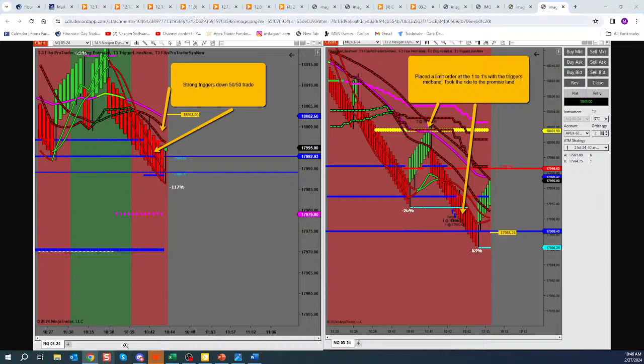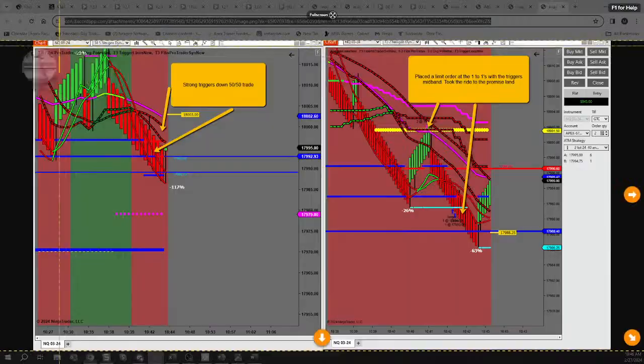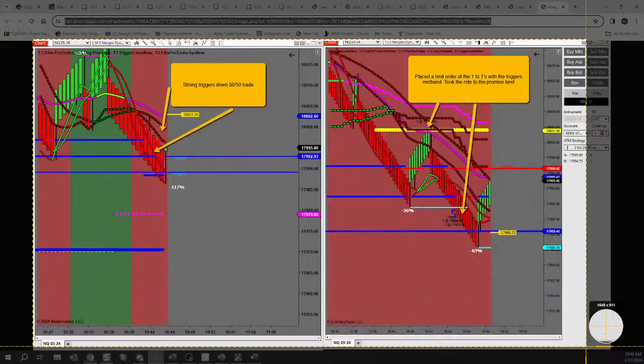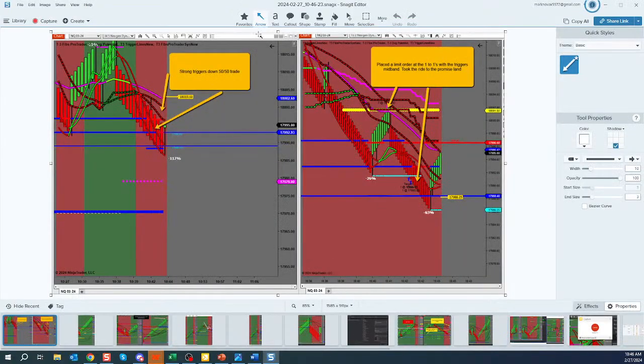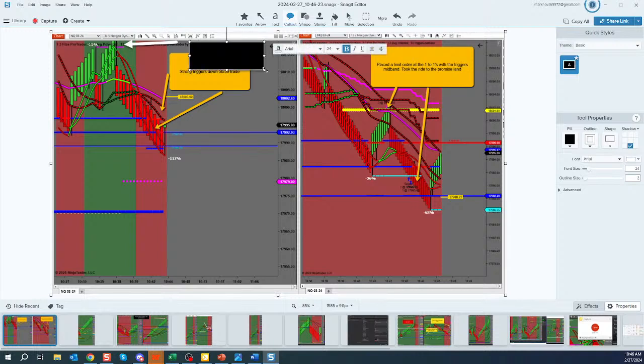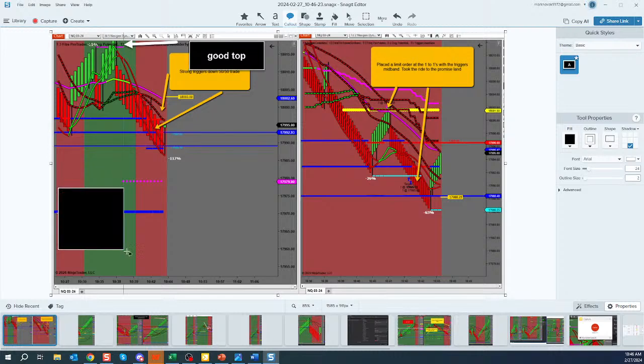But this is where chart reading pays dividends. And let's go through the whole chart read. That's a termination that created a reversal, guys, and we call this a good top. And let me talk about what that means.